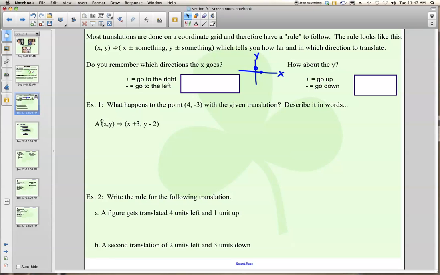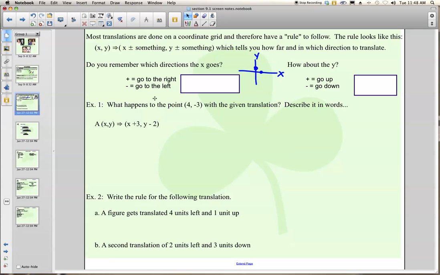Okay? It means that you take your x and y values and you're going to move them by adding 3 to x and subtracting 2 from your y. Adding 3 to the x, adding tells you you're going to go to the right. So every coordinate point that you're working with is going to go to the right 3 units.